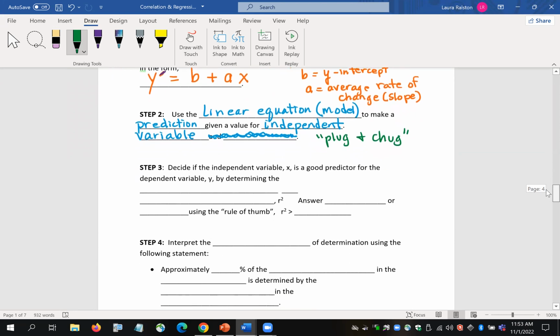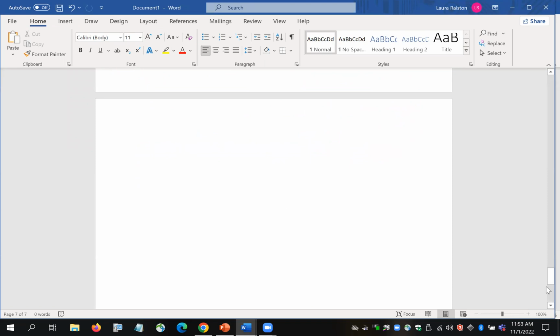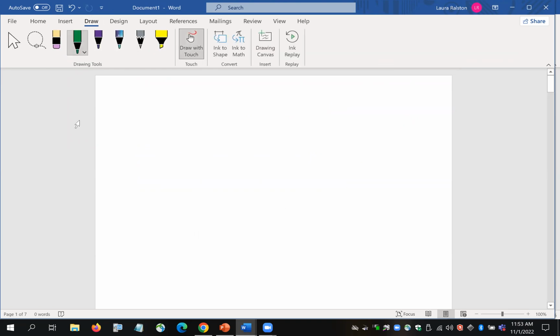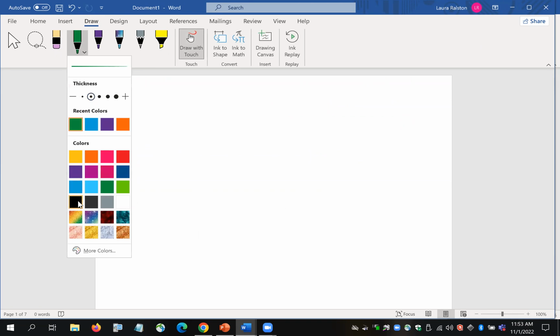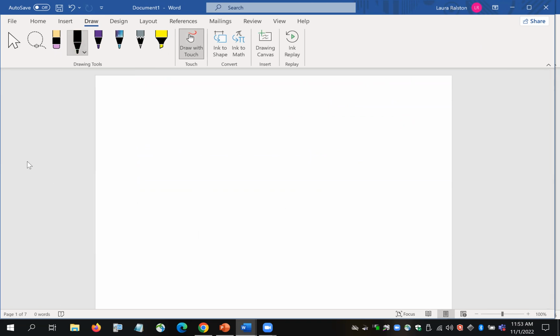Let me toggle over to another page. Okay, there are 2 types of predictions that we can do. One of them is called interpolation.